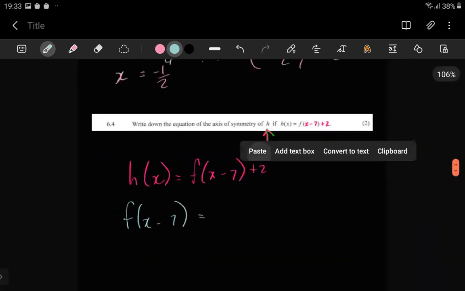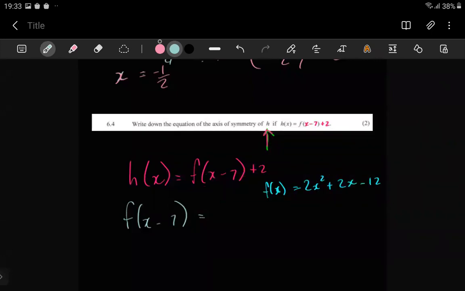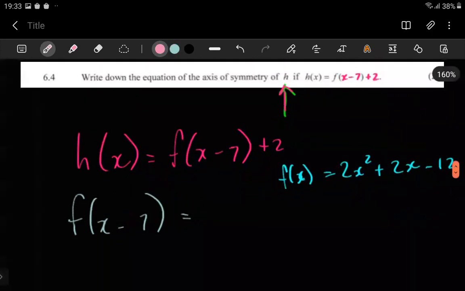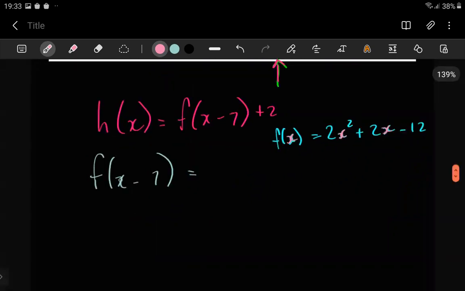You're always just going to use your f of x equation to help you, because all that's happening is, in the equation of f, wherever you see x, you have to put in what is here. So what we have here now is x minus 7. In the equation of f, we're going to have a 2, open brackets squared, another 2, open brackets minus 12.